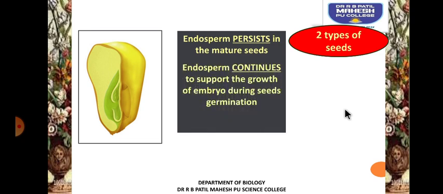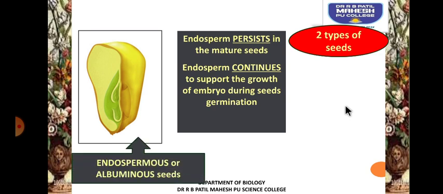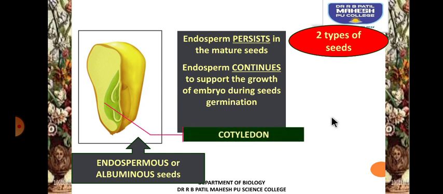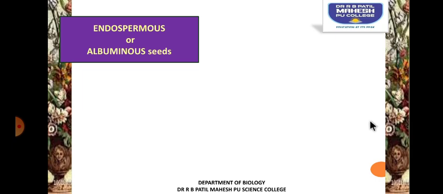Endosperm persists in the mature seed. Endosperm continues to support the growth of the embryo during seed germination, and such seeds are called endospermic or albuminous seeds. So try to remember, where endosperm is present in the seed, that is called an endospermic seed. If the endosperm is totally used by the developing embryo, then the seed is called a non-endospermic seed.